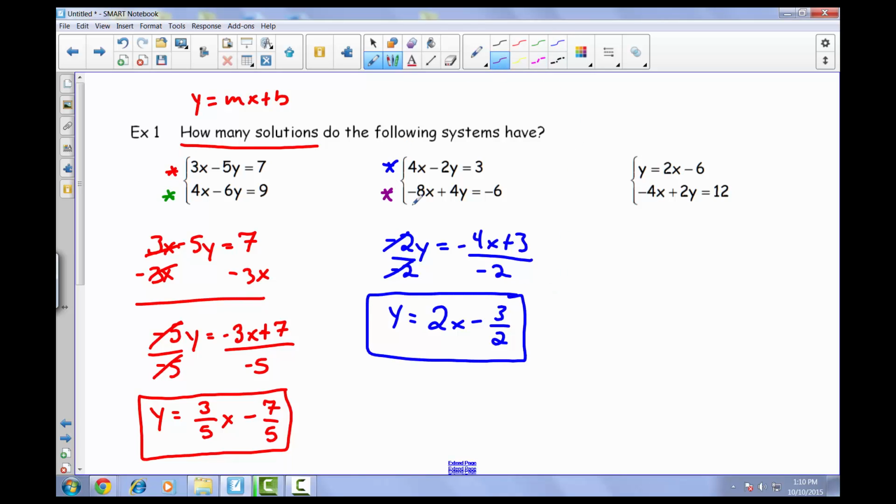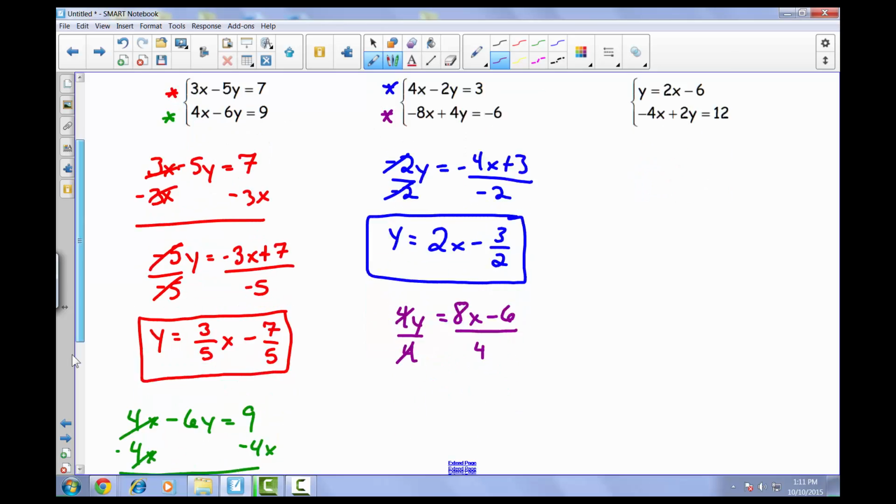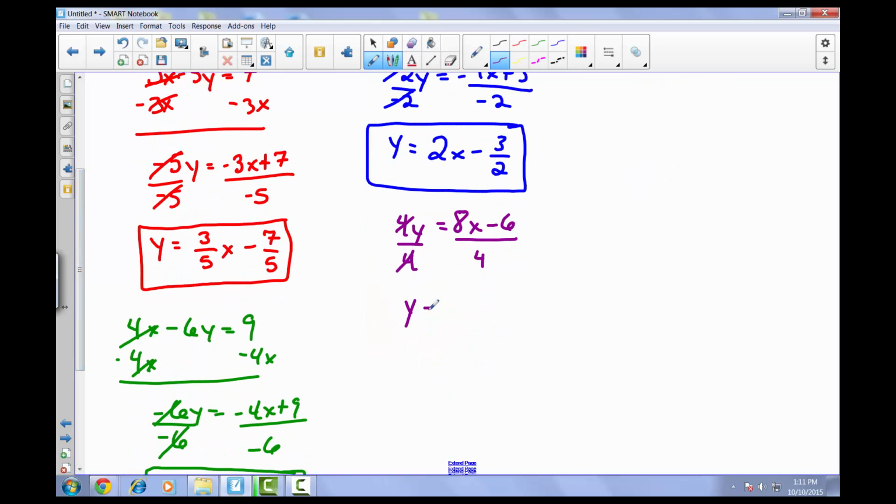For our purple one, if we add 8x to both sides, we have 4y is equal to 8x minus 6. Divide both sides by this 4. On the left they cancel out, leaving us with just y is equal to 2x, negative divided by a positive gives us a negative, and 6 divided by 4 can be simplified to 3/2.